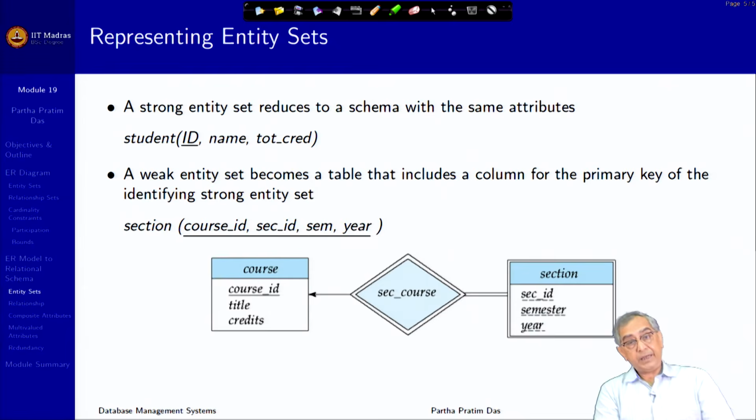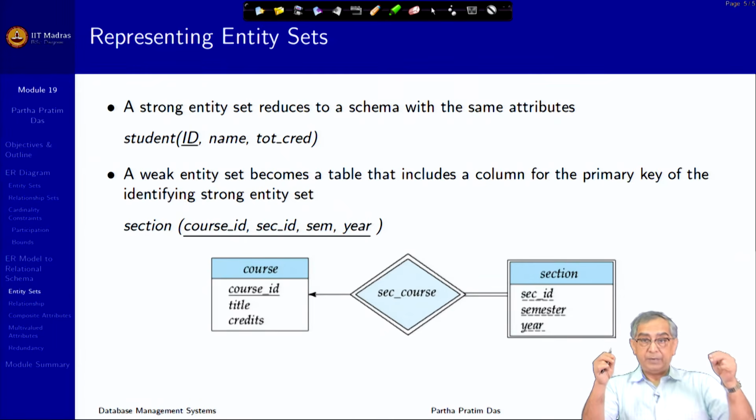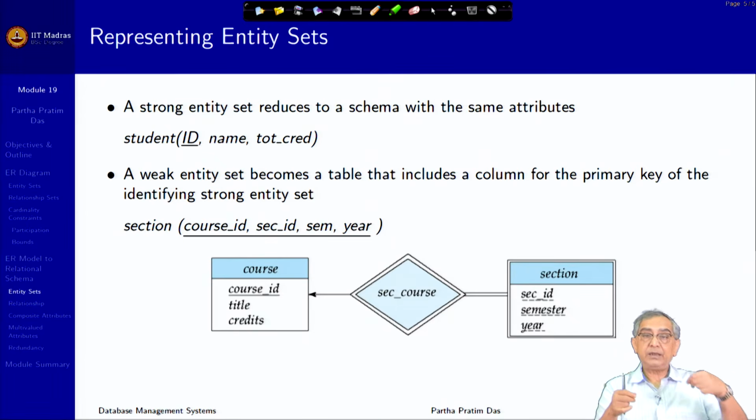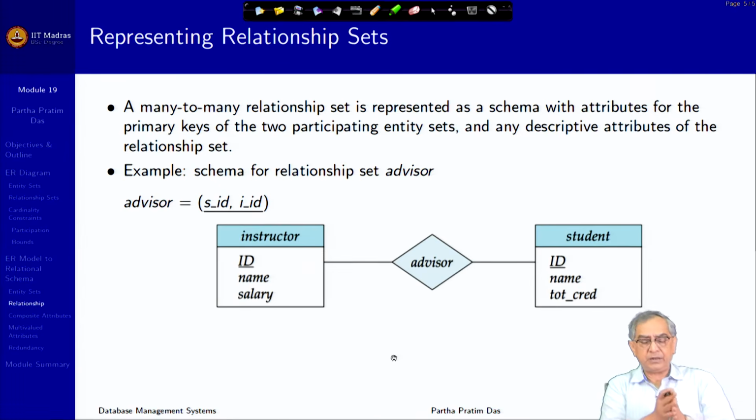If it is a weak entity set, then you go through the identifying relationship of the weak entity set, the discriminator, and the primary key of the strong entity set, get the primary key of the weak entity set, and put that as a list using the name of the weak entity set as the relation. So it is very obvious how these relations are now coming out. You will see that things just go in a very smooth way.